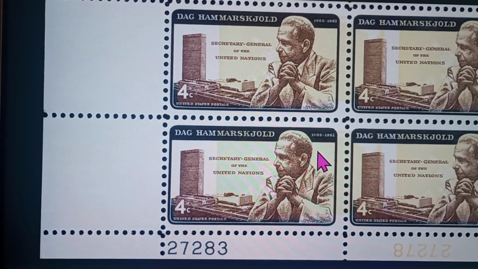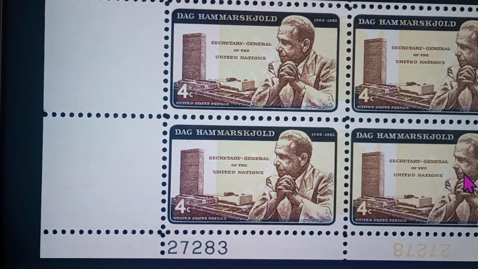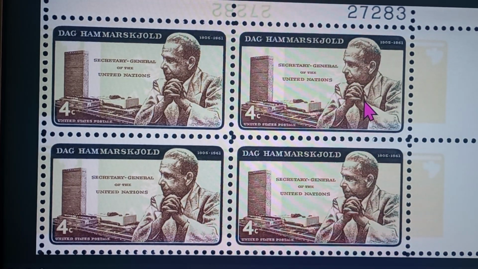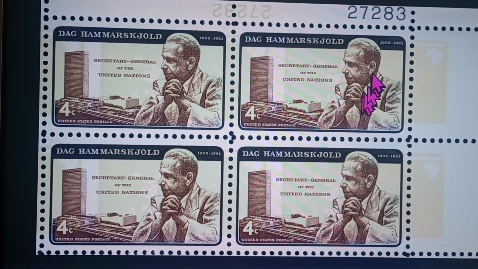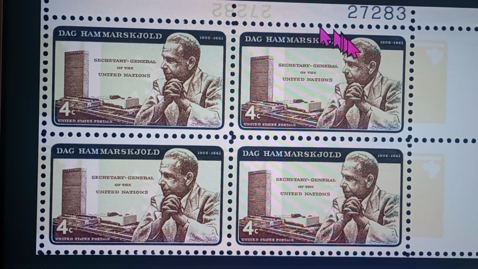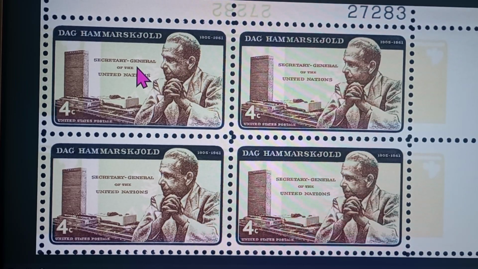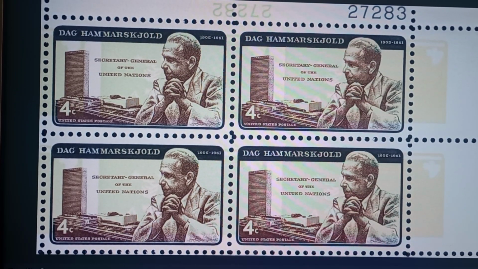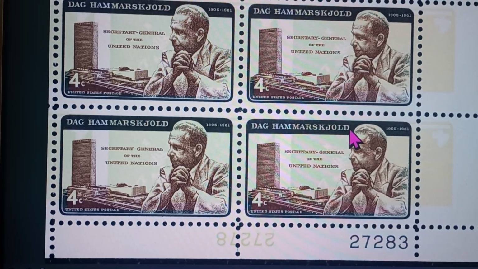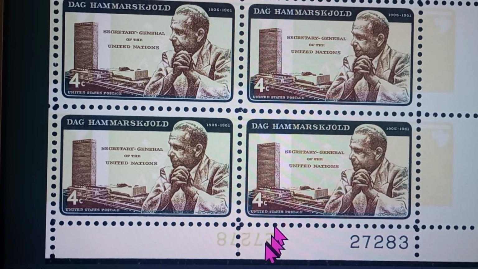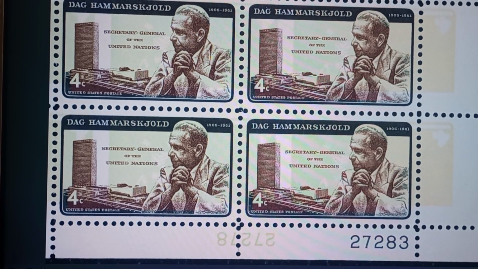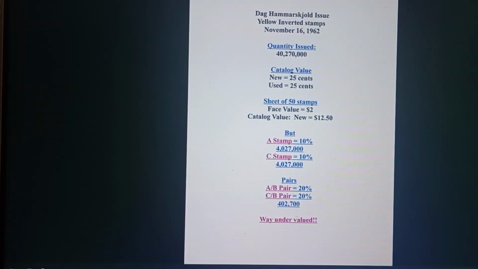And here's the lower left with the same AB with the yellow inverted. Here is the upper right. As you can see, the yellow inverted, and these are BBs. And this is the lower right BB with the yellow inverted.